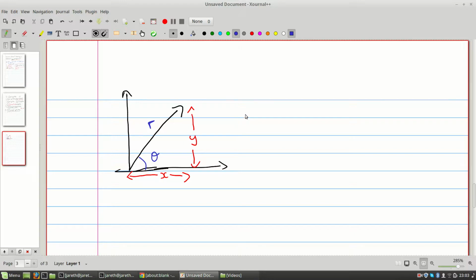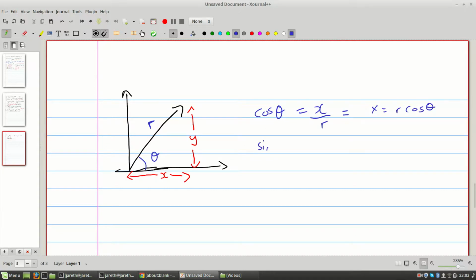So one thing that we know is that if we want to find, for instance, the cosine of this angle, cos theta, how would we do this? We would say this is equal to the adjacent over the hypotenuse, so cos theta is equal to x over r, which means that x equals r cos theta.